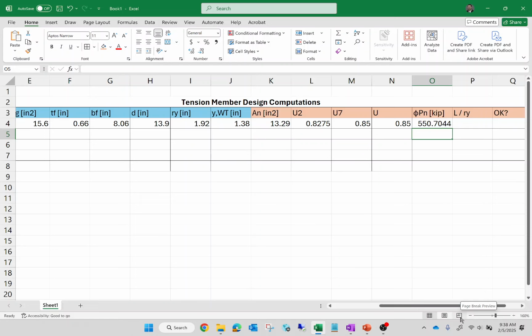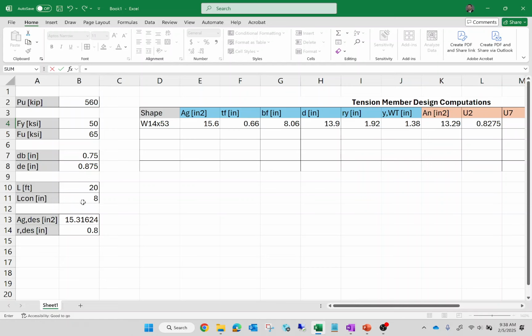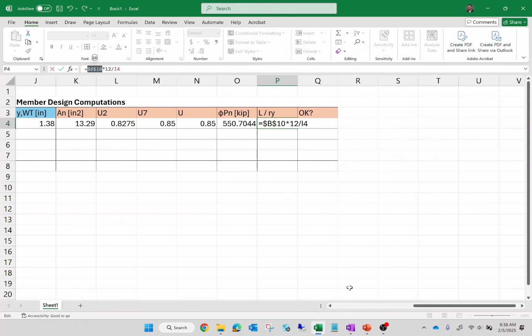No, right? So this is no good. Okay, we'll get to that here in a bit. But I do want to go ahead and set up the L over R. So L over R, we're going to do that, and we'll lock in our length, and that's our slenderness. Okay.